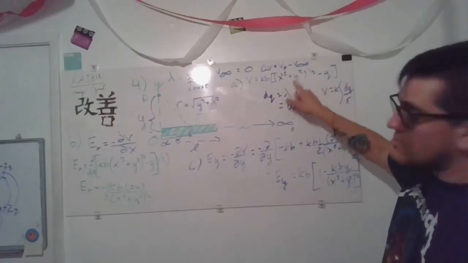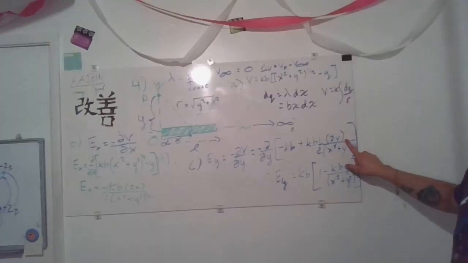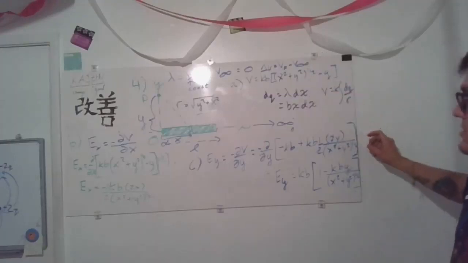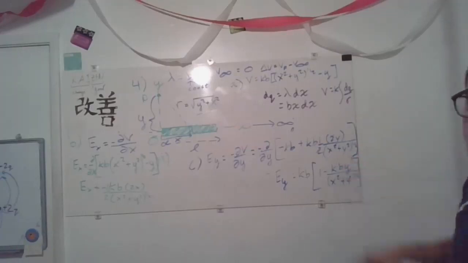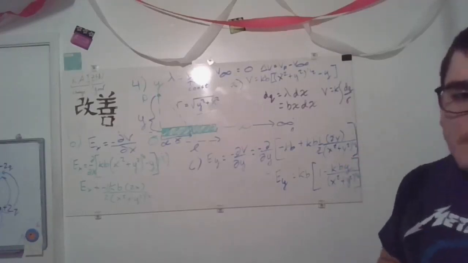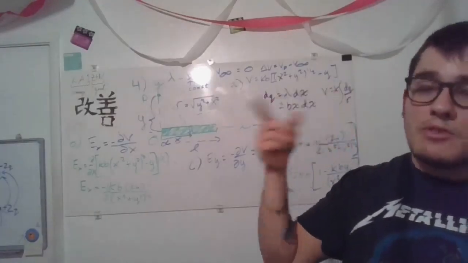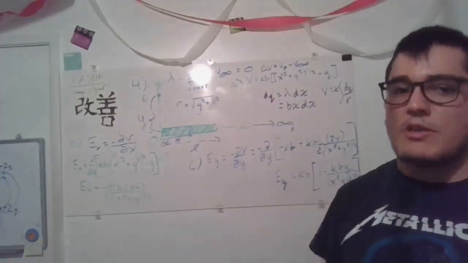So y squared, derivative of that will be 1/2, chain rule 2y. And then because you took the derivative, you minus 1, and the x squared plus y squared ends up on the bottom. Pretty much the same thing for dx. For dx, you take everything derivative with respect to x, hold the y constant, and you can do that.